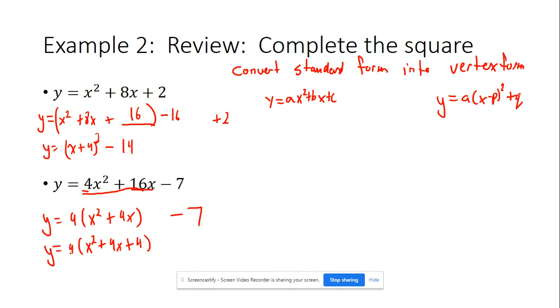Now I added a 4, but I really added 4 times 4, which is 16. So I need to subtract a 16 in order to balance, minus 7. So now the answer is y equals 4(x plus 2) squared. Negative 16 minus 7 is negative 23. So this is how I complete the square for this one.